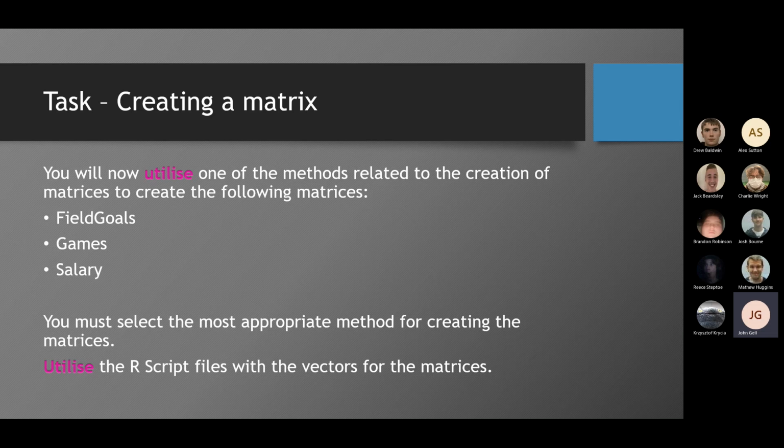I'm not asking you to create the vectors from scratch. In fact, you may want to do this beneath those vectors on that script file you just saved. I want you to create a matrix of field goals, games, and salary. Now, you're going to decide whether you're going to use the matrix function, the rbind function, or the cbind function. So I want you to create 3 matrices with those in it.